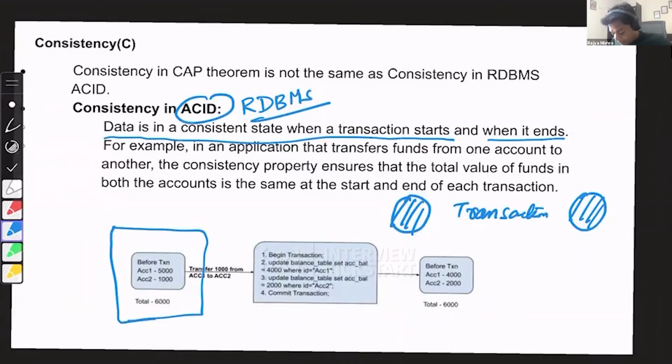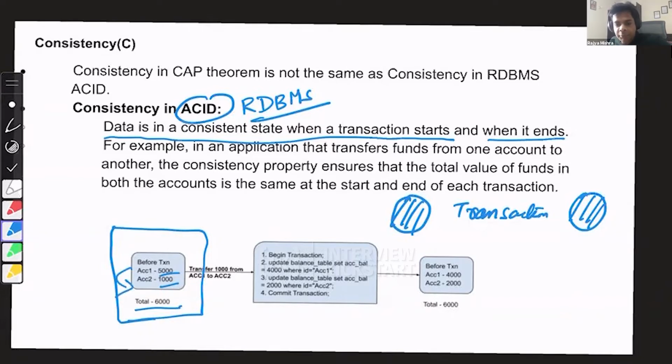Here we have account one whose balance is 5,000, and account two whose balance is 1,000. Let's say these are related accounts, so the total balance is 6,000. Now we start a transaction where we have to transfer 1,000 from account one to account two.